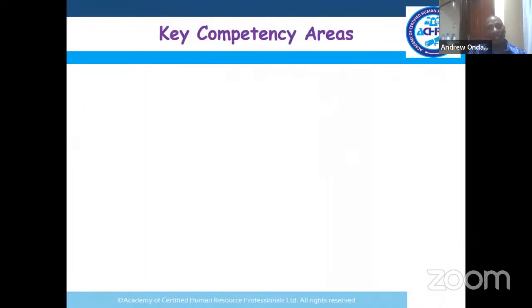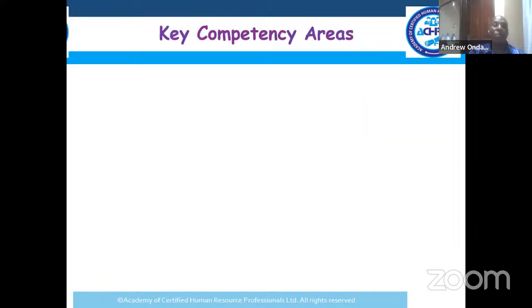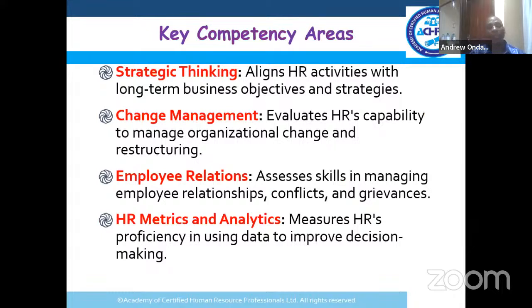Our next aspect is the competencies that HR managers must have in order to deliver superior services. And by competence, we mean essential skills and knowledge that managers must have in order for them to be efficient and effective. I've indicated several of them. One is strategic thinking.